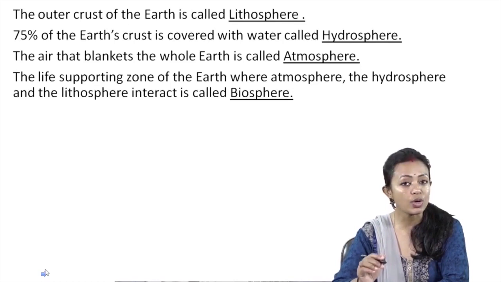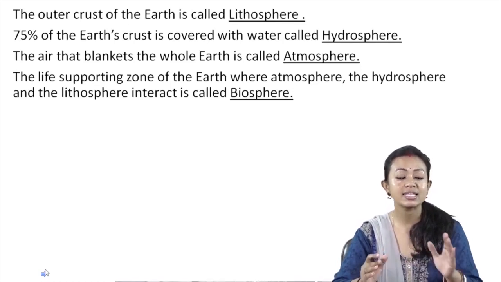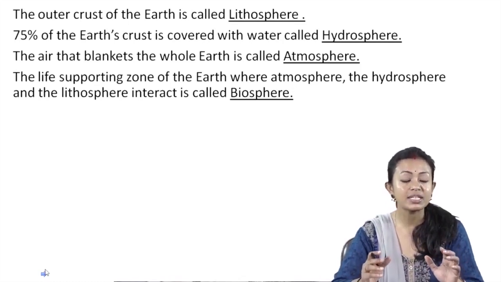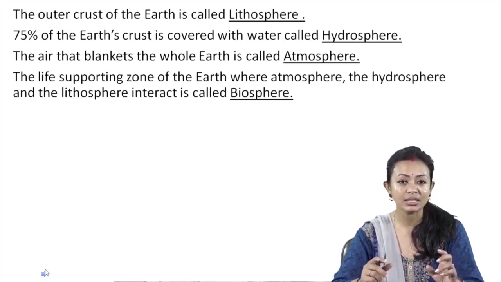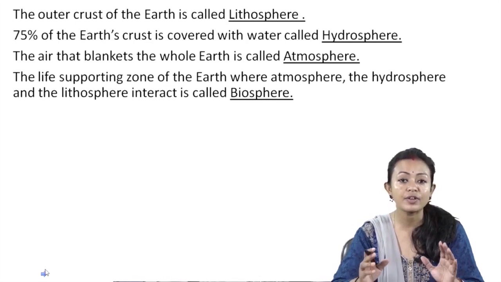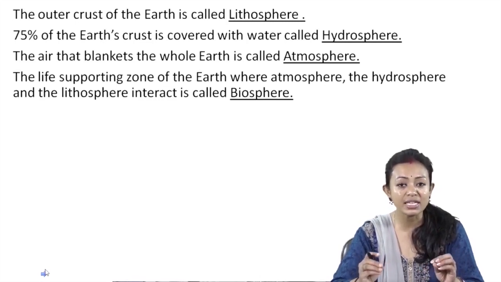It is not only because Earth has life, but also because of its position from the sun, its distance from the sun, its rotation, its revolution. All these different factors have influenced and made life possible on Earth.